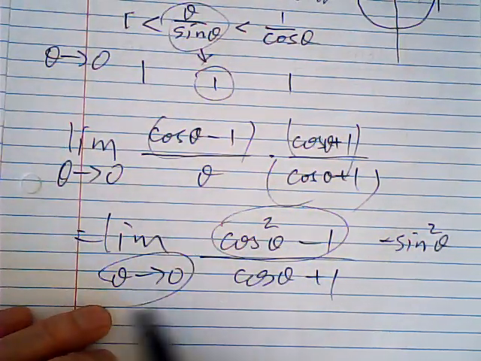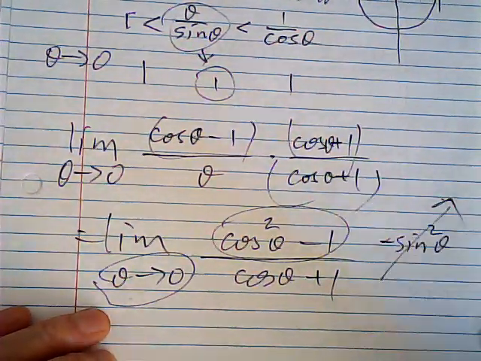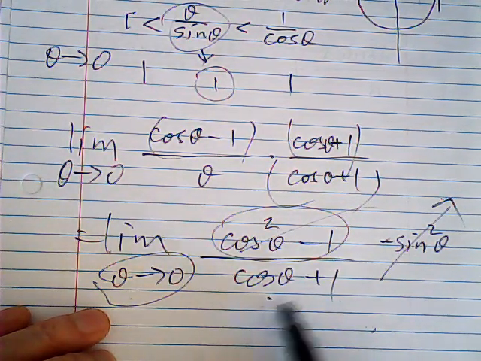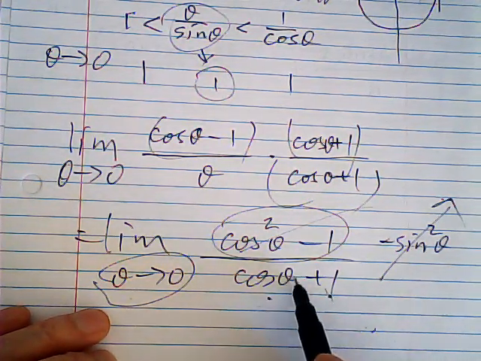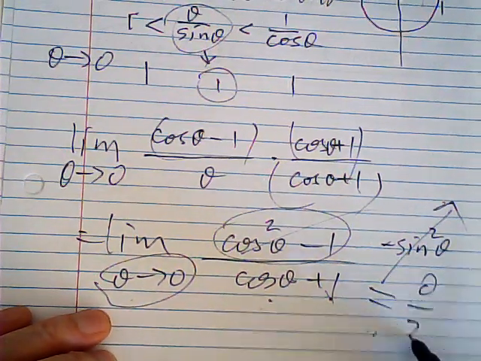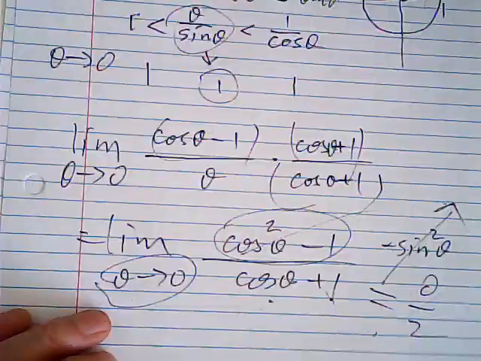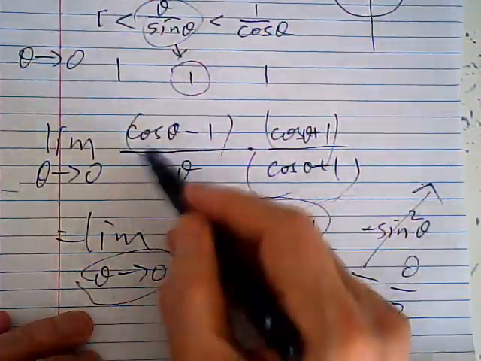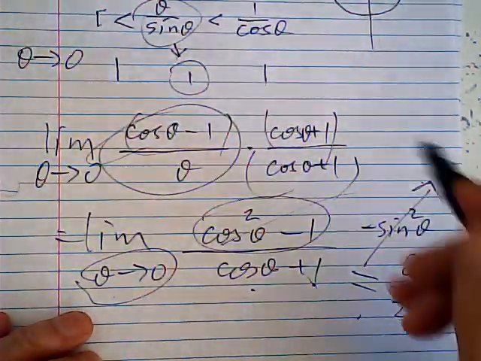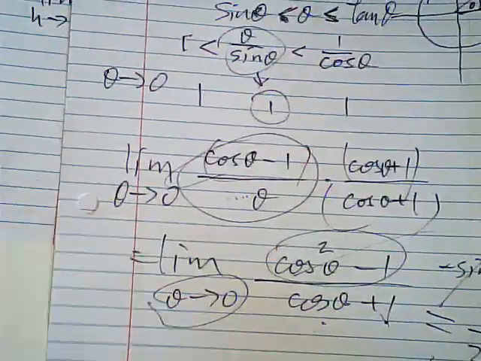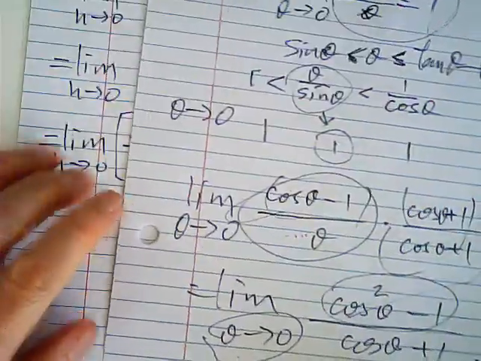So as this one goes to 0, this goes to 0, and this one goes to 1, so the denominator is 2. Eventually this is equal to 0. So this limit is 0, and this limit is 1. These are two basic limits before we have a derivative, differentiation.